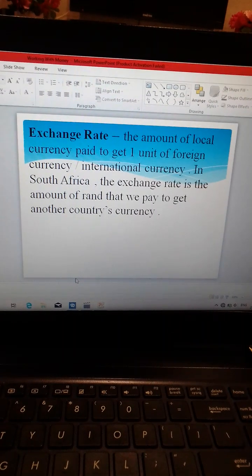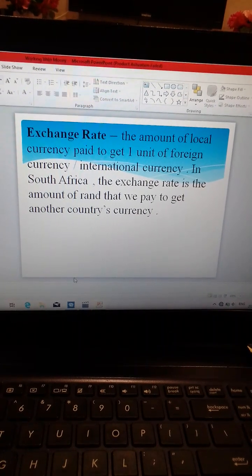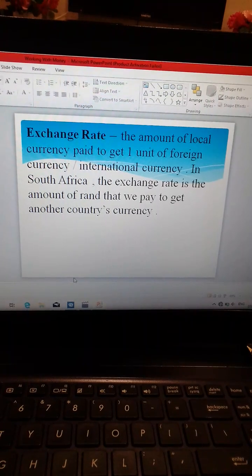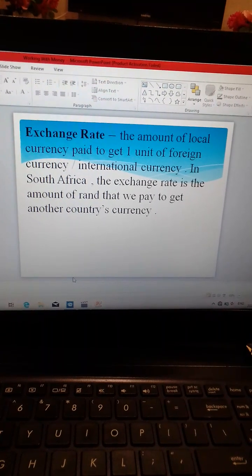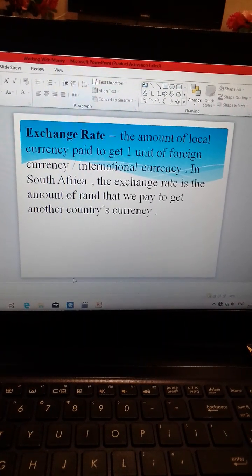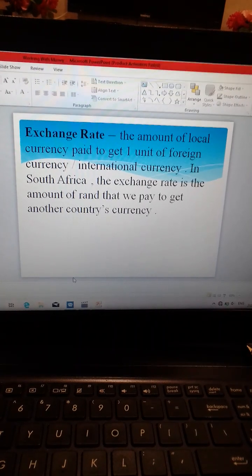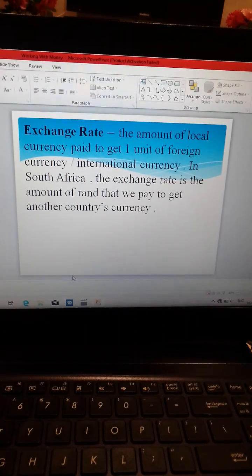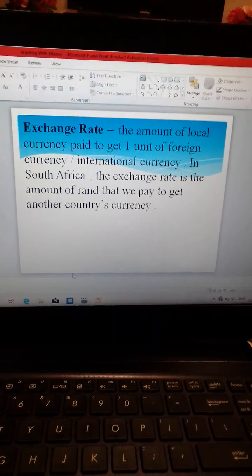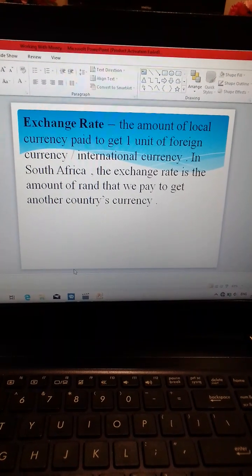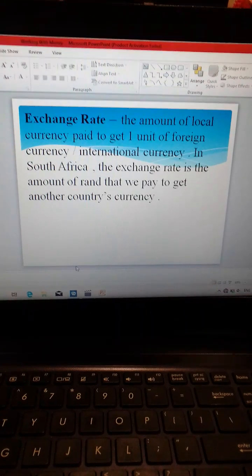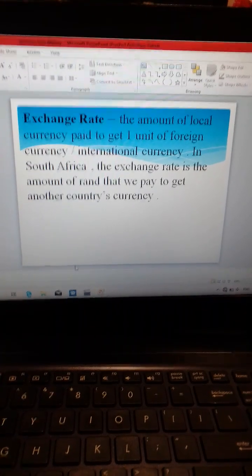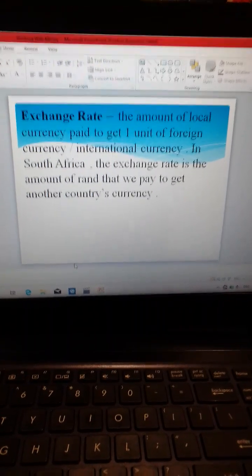So an exchange rate is the amount of local currency paid to get 1 unit of foreign currency or international currency. In South Africa, the exchange rate is the amount of rand that we pay to get another country's currency. So for example, we know that Botswana's currency is the pula, right? The pula is stronger than the rand, so you pay more to get 1 pula.